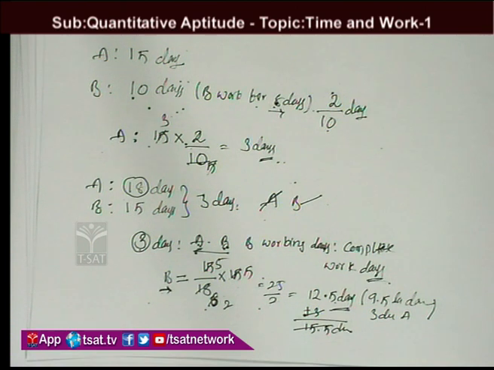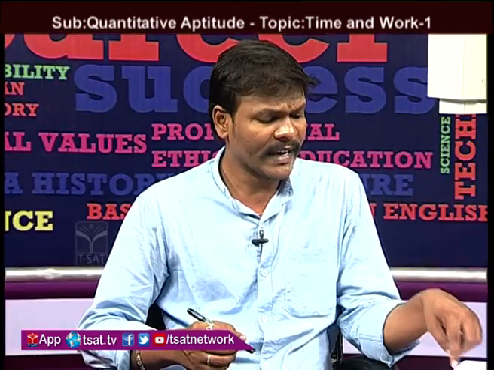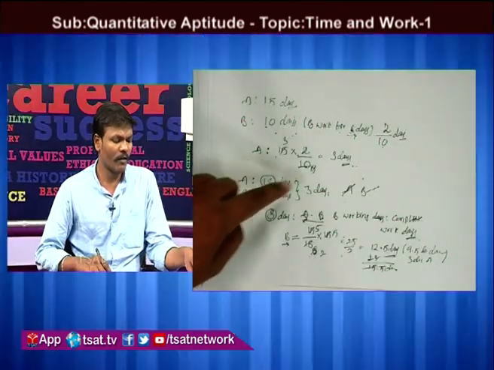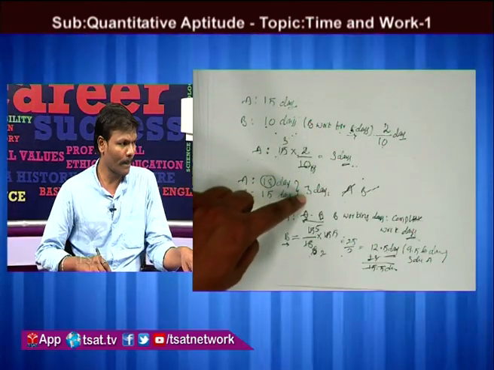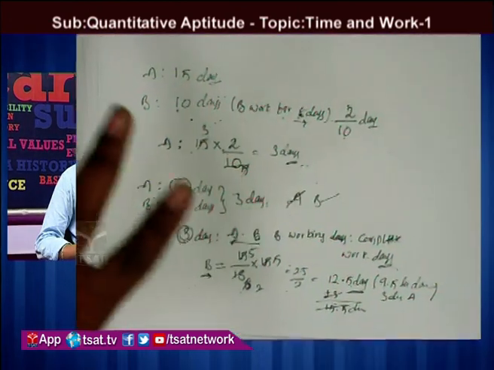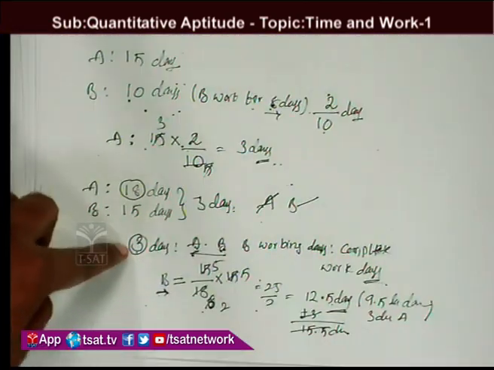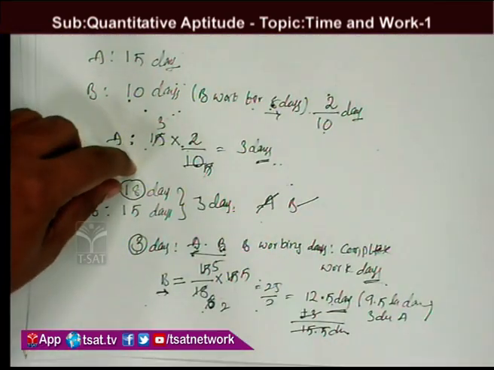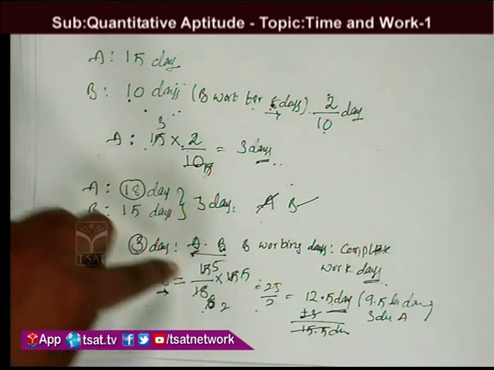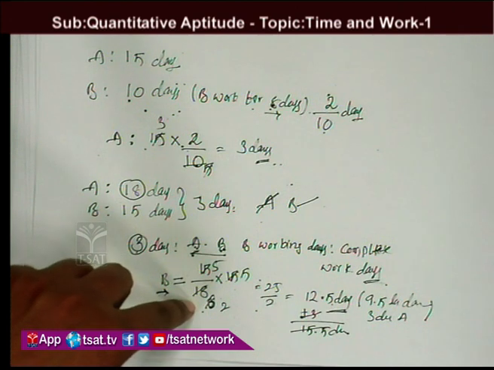So, in this question A left the job after 3 days, having started working together. When they start working together and one leaves the job, first you have to find out how much work he left. After 3 days, out of 18 days, only 3 days of work is completed, the remaining 15 by 18 of work he left.